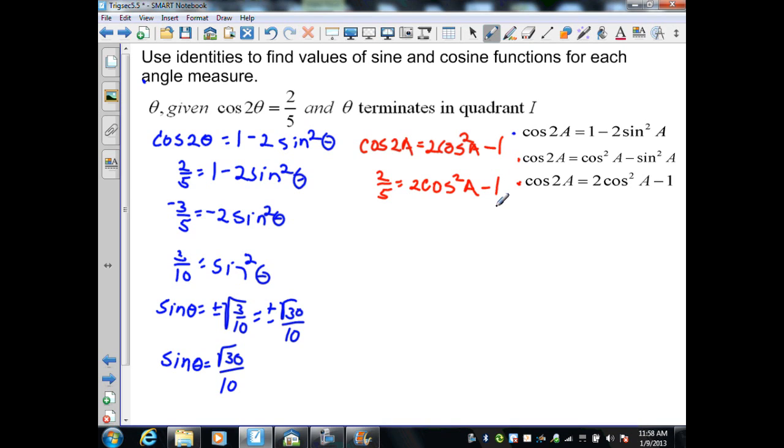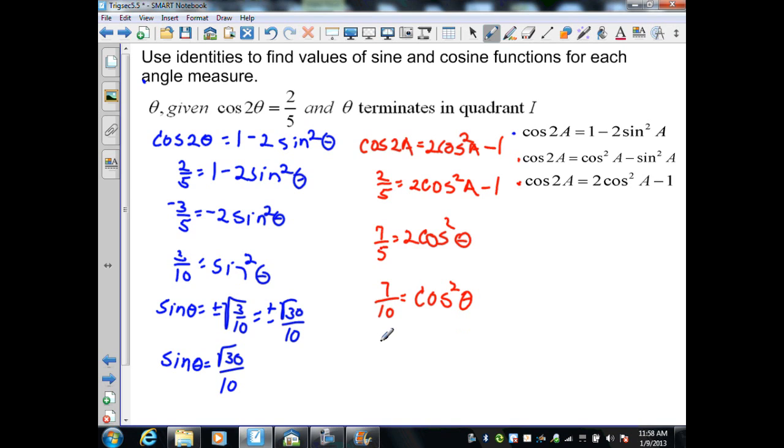Add 1 to both sides. 2/5 plus 1, or 2/5 plus 5/5, is 7/5 equals 2 cosine squared a, or theta. Divide by 2, that gives me 7/10 equals cosine squared theta.